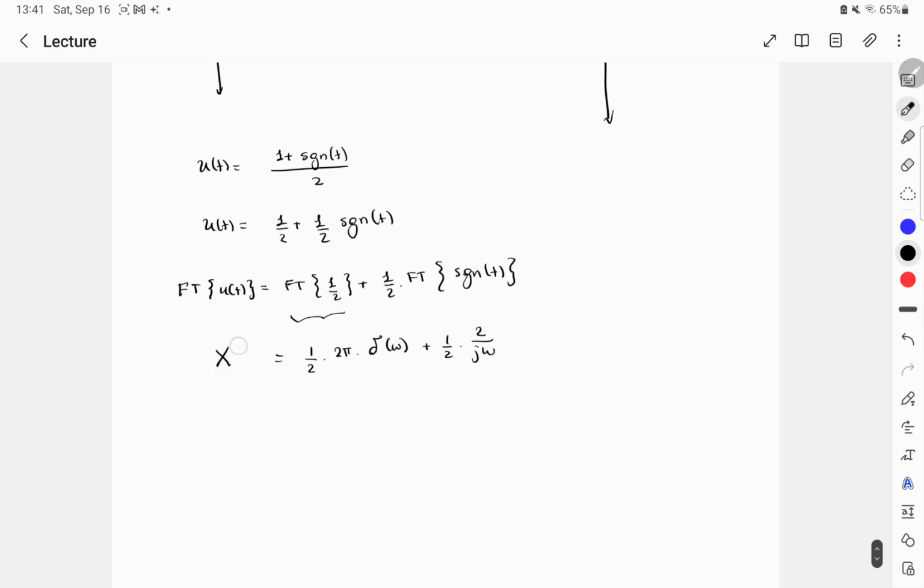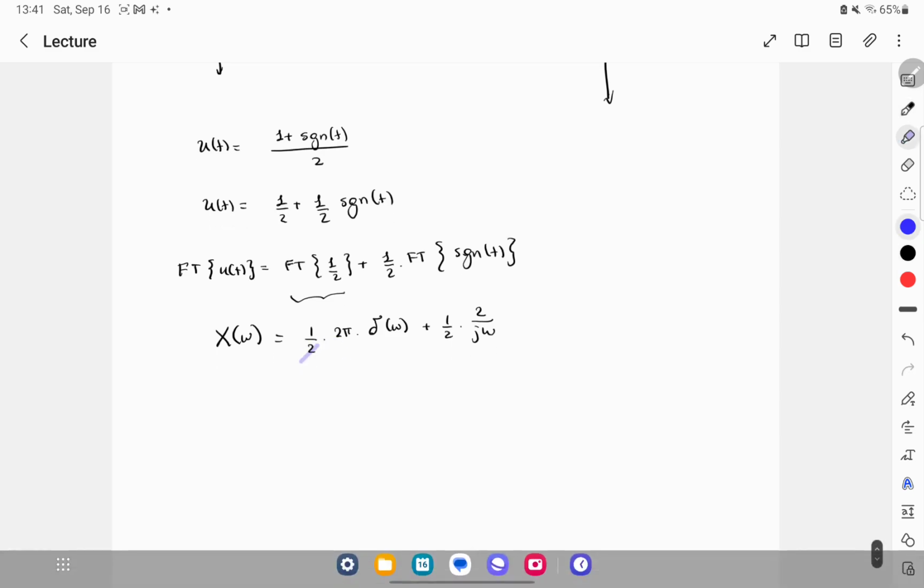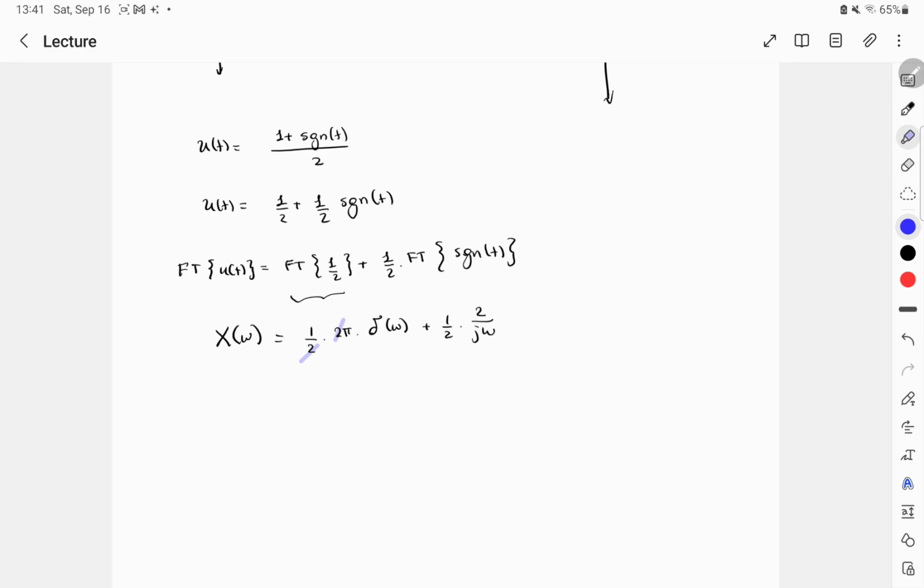And here we have the Fourier transform X(omega). We just need to simplify these, and eventually we have our result: pi times delta(omega) plus 1 over j omega. Here we have concluded our example, and this is the Fourier transform of a unit step function.